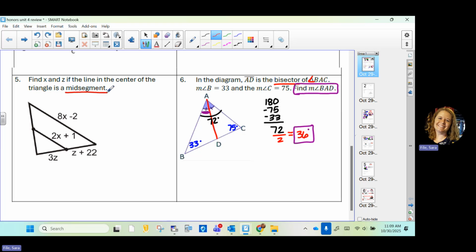So this is a mid-segment, meaning that this is a midpoint, so that these must be equal to each other, right? So to find Z, I know that these two expressions in terms of Z must be equal. So 3Z equals Z plus 22. So then I'm going to get the Z's to the same side.